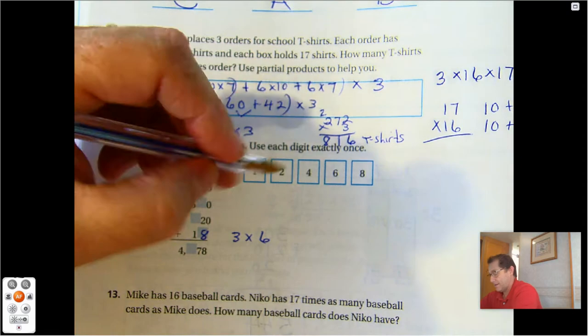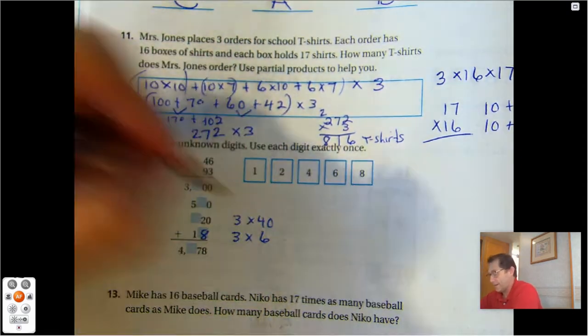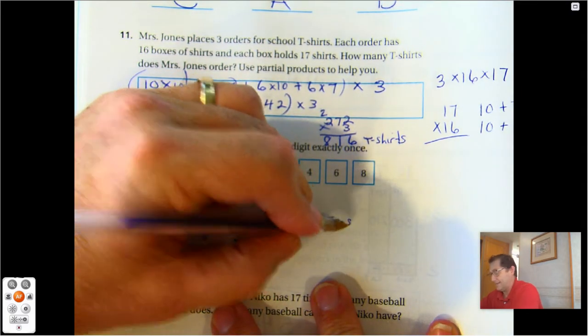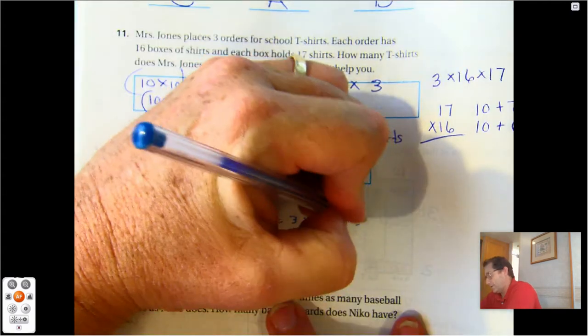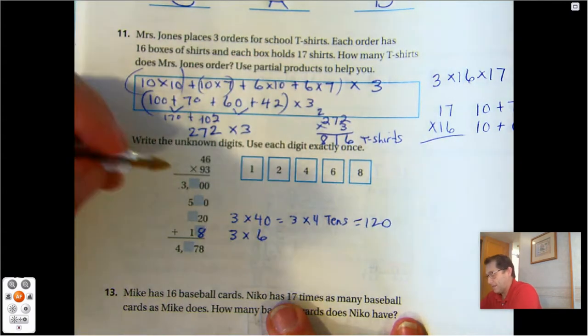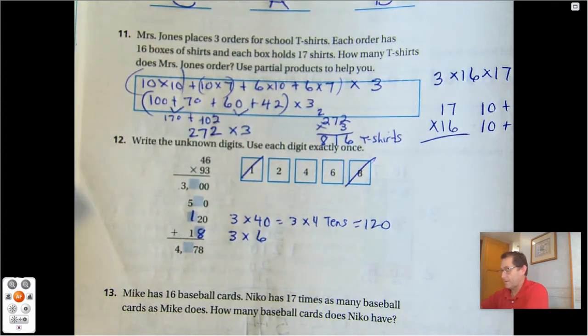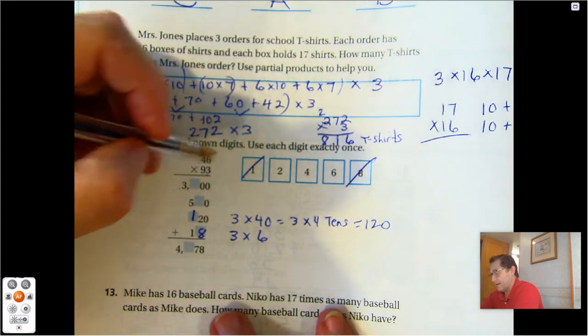3 times 40, which equals 3 times 4 tens. How much is 3 times 4 tens? 120. So the 1 goes there. We've used the 8. Okay, so we've multiplied the top and the bottom by 3 and the 46. Now we're going to move to the 9s.